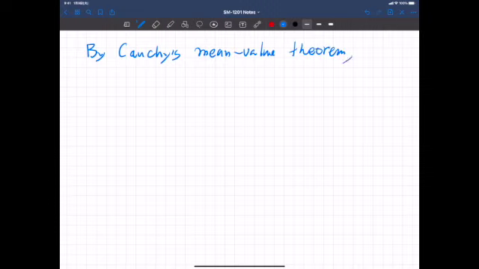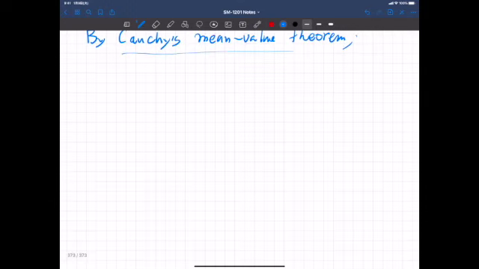But before applying this theorem, we have to check the conditions on which this theorem is based.